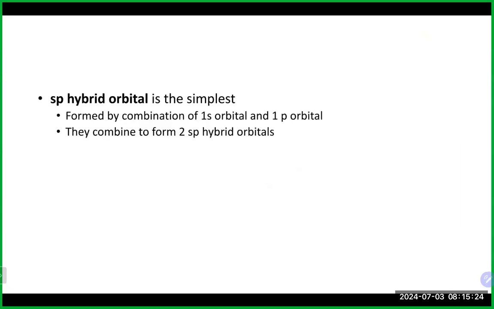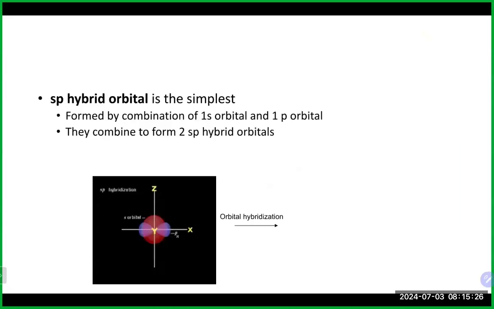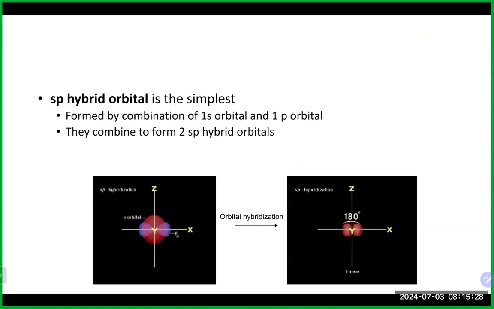So the simplest hybrid orbital you could have is an sp hybridized orbital, and that is much like the name implies. That is taking an s and taking a p orbital. As you can see here in this little demonstration, that is our s orbital, and our p orbital is in this area.